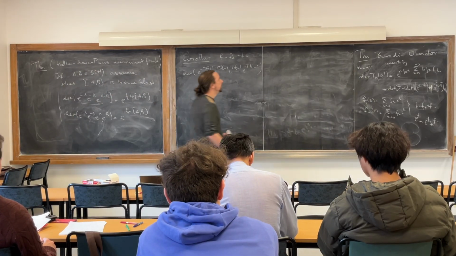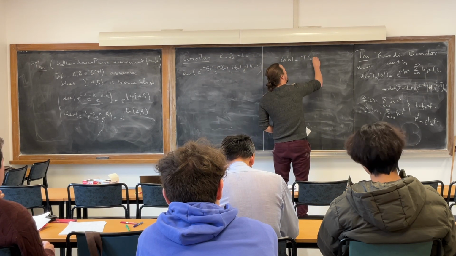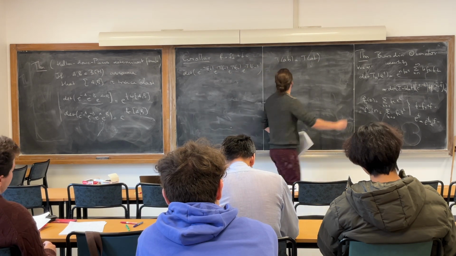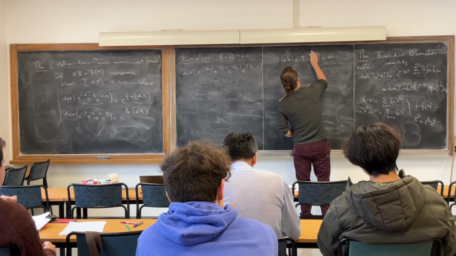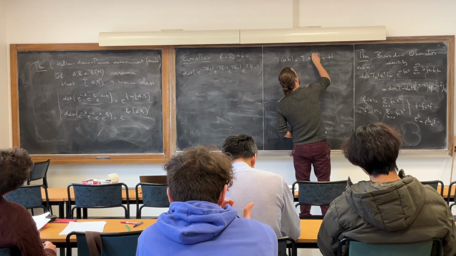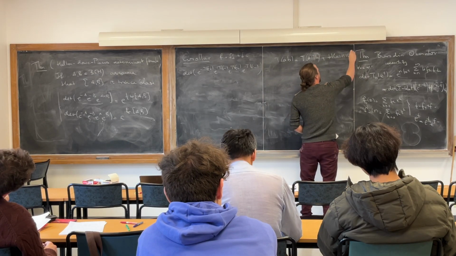Because remember, for Toeplitz matrices we had the following rule: if I take a product of two symbols, I get the product of the Toeplitz matrices, but I also get this.